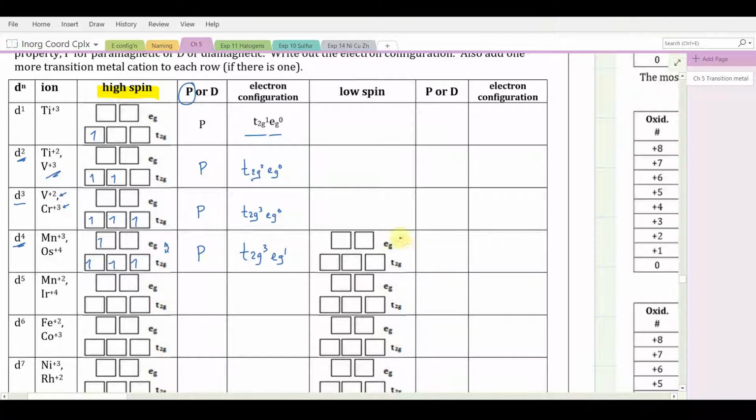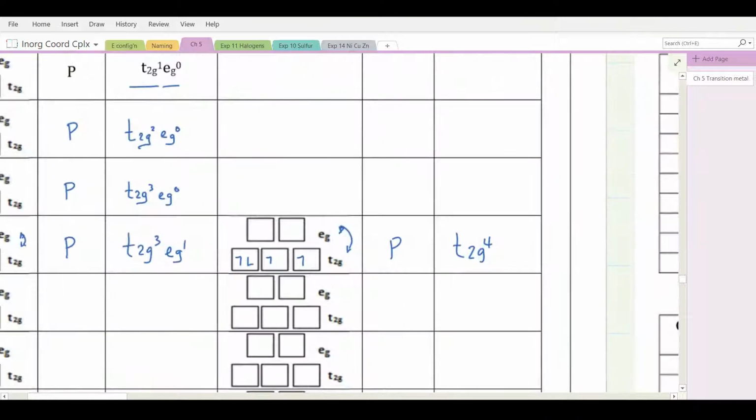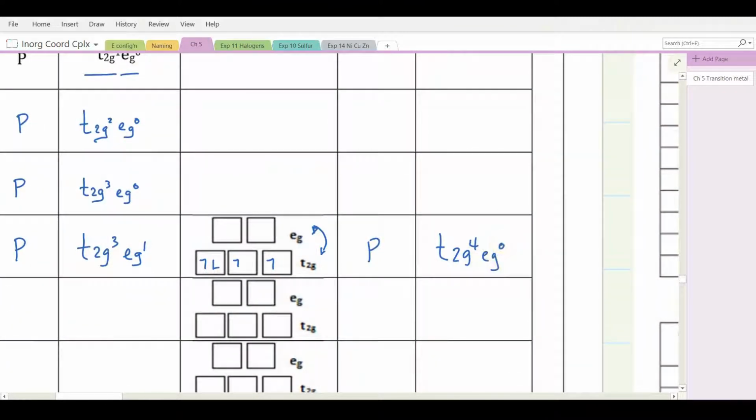If, however, you had a strong ligand creating a large octahedral field splitting energy, there would be a large gap between the Eg and T2g. That energy gap is greater than the pairing repulsion, and so the electrons would be forced to stay in the T2g orbitals. And this would be still paramagnetic, T2g4 Eg0 is the electron configuration in that case.